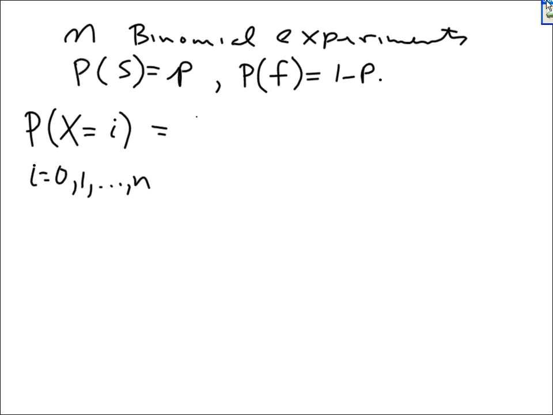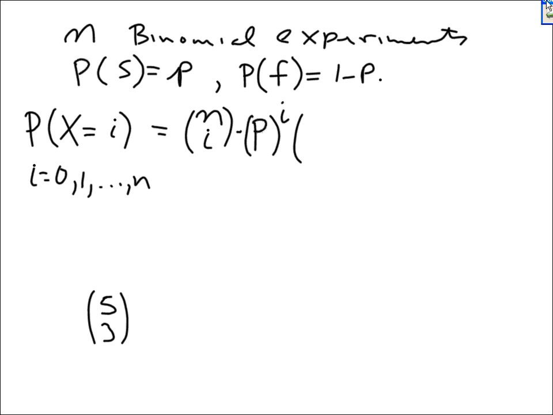Well, from the n, you want to choose i. From the n experiments, the tosses of 5 coins, you want to choose 3 successes. You want to choose 3 heads. And then we multiply by P, the probability of success, and we want i successes.